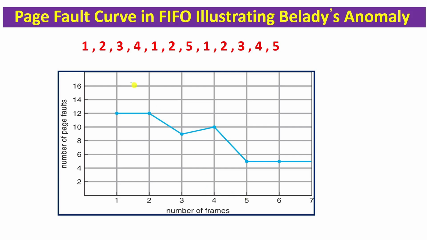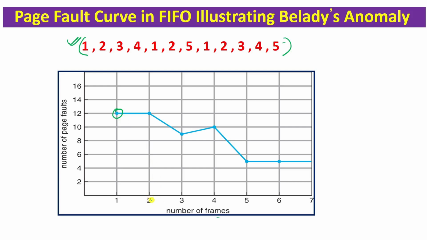Why? Because here you can see we have the number of frames and this is the number of page faults. For this given reference string that we have just discussed in our example, this is the graph between number of frames and the number of page faults. When only 1 frame is given to this process, total 12 page faults will be generated.